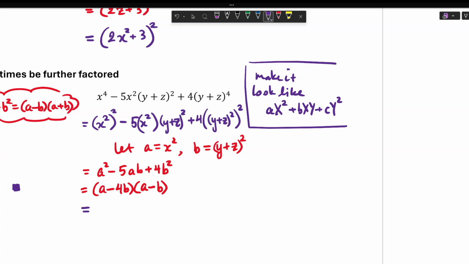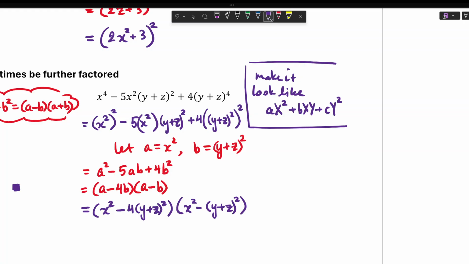Okay, let's put things back, and then let's see if we can maybe still factor some things. So we have x squared minus 4 times y plus z squared. That's the first factor. Then the second factor, we have x squared minus y plus z squared.